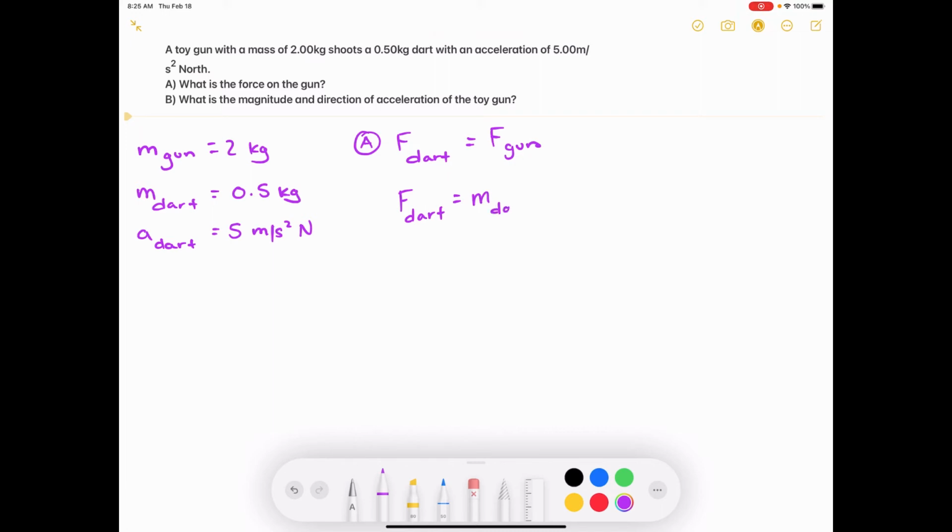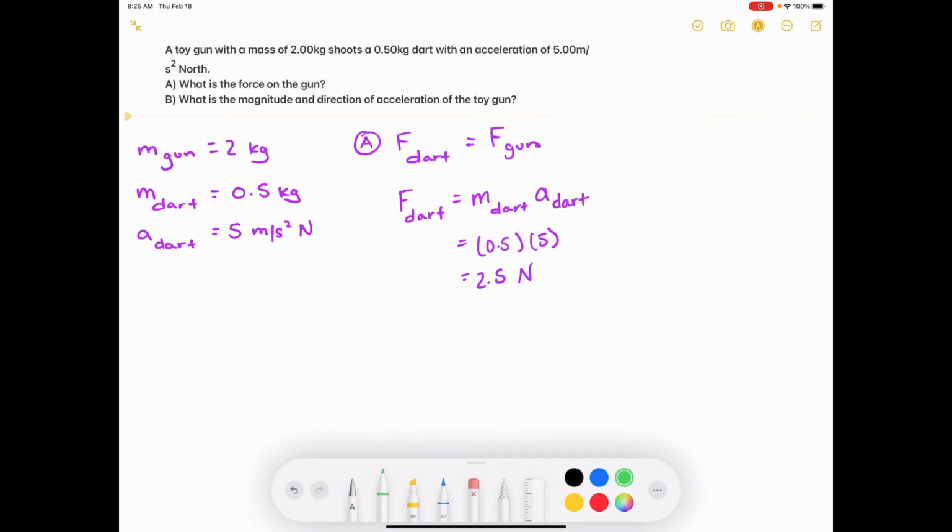So that would be the mass of the dart times the acceleration of the dart. Okay, so we can do 0.5 times 5, and we'll get 2.5 newtons. Okay, and that's the force on the dart. Now, and that's also the force on the gun because remember they're the same.